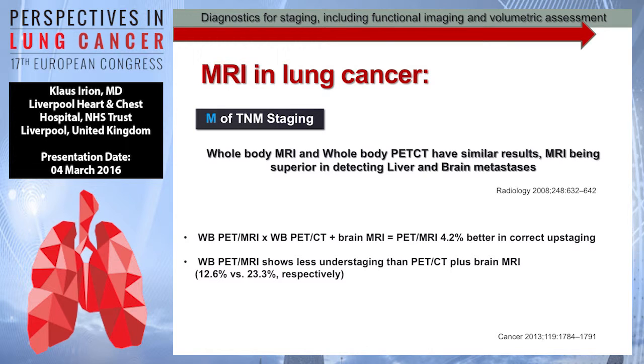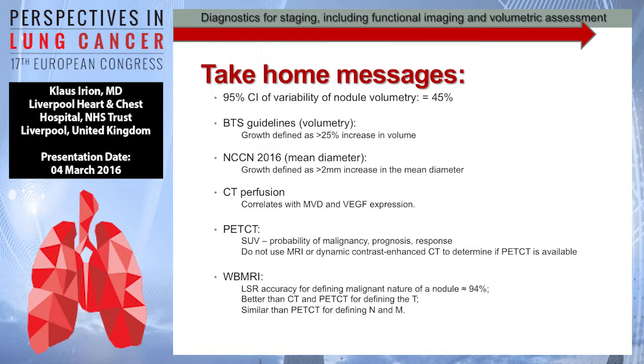When you compare whole body PET-MRI with whole body PET-CT with MRI of the brain, you still have an advantage of 4.2% in favor of whole body PET-MRI, which is not widespread. It's even less than the PET-CT, but it is one of the possibilities you have. When you compare whole body MRI with PET-CT plus brain CT, you increase your accuracy there.